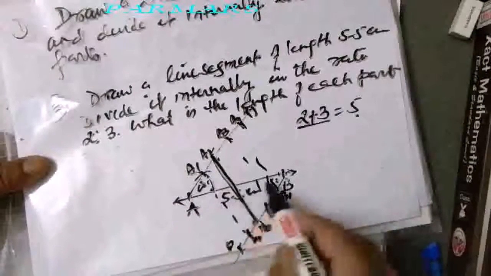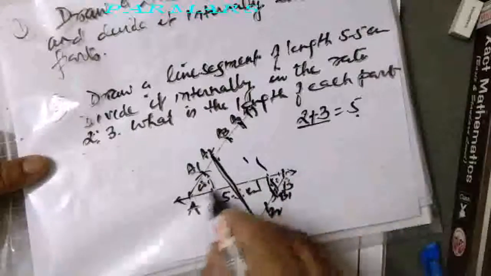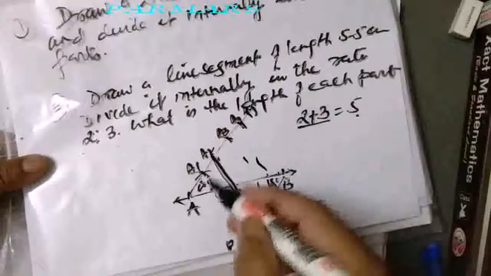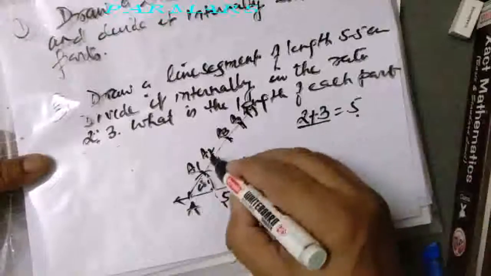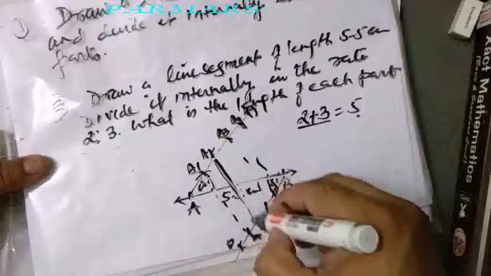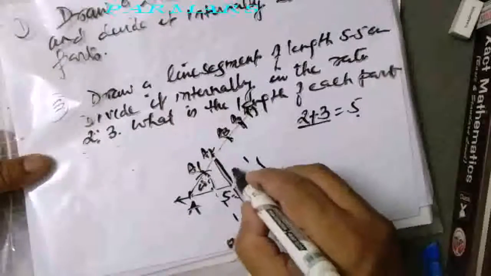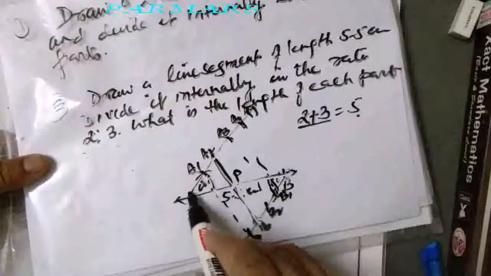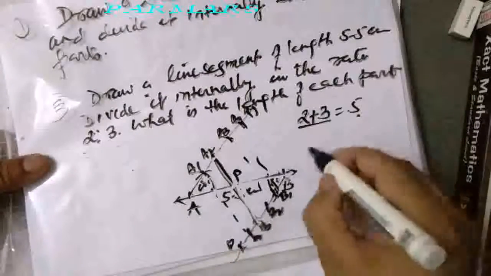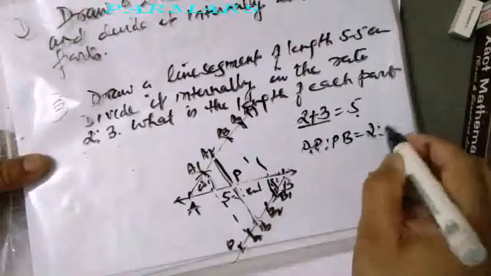So what you have to take? Since there are 5 equal parts, we have to take 2 parts and 3 parts. So we join the second part of here and from here third part. So A2 and B3 when joined, the point of intersection is P, and this gives you that AP is to PB is 2:3.